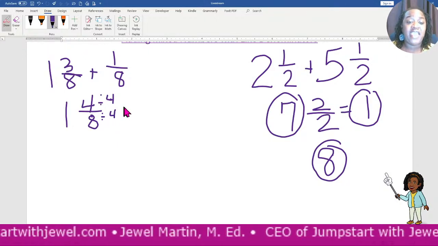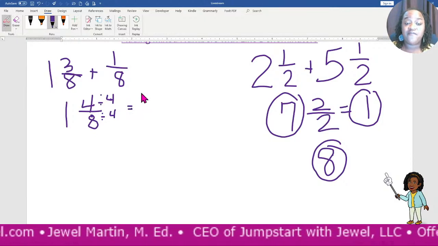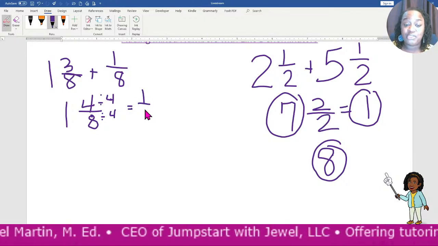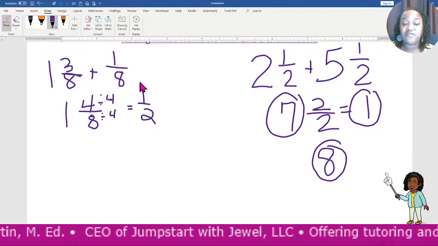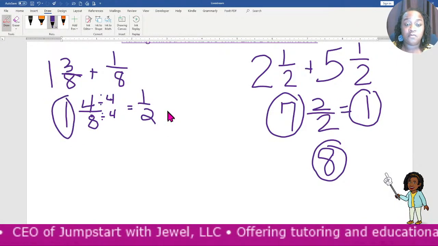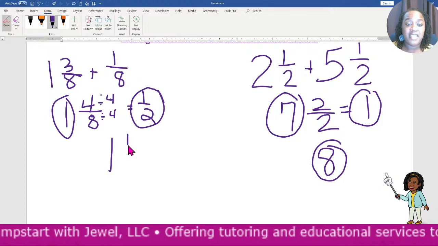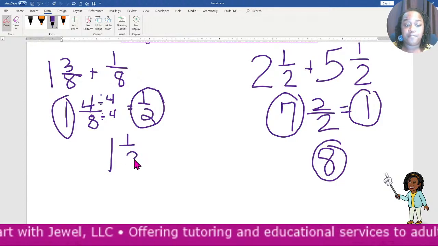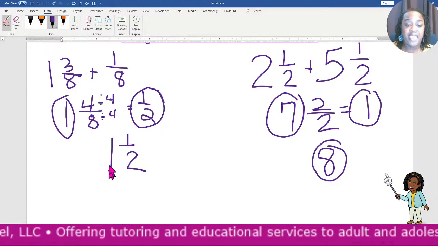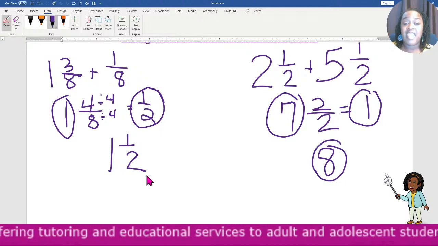So if you divide them both by 4, 4 divided by 4 is 1. And then 8 divided by 4 is 2. So that turns that fraction into a half. So your new fraction, once you put these two together, is going to be 1 1/2. We took the whole number, we kept that, and we reduced the fraction 4/8 into 1/2.